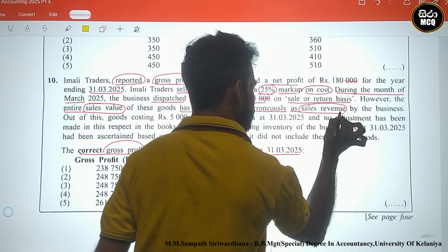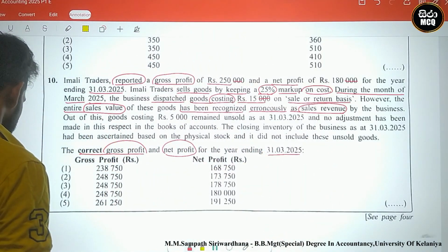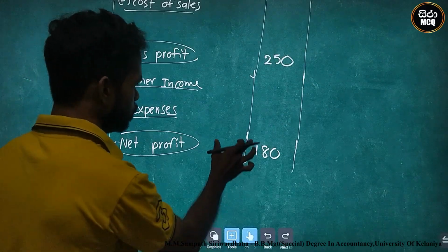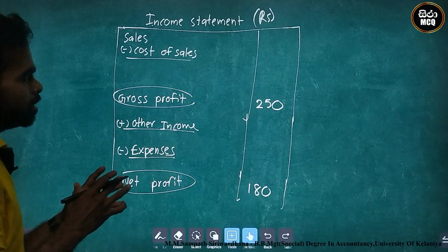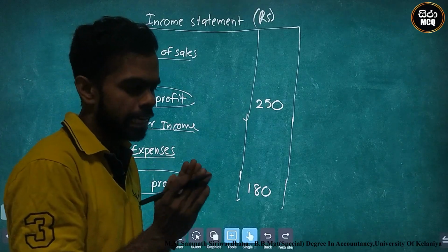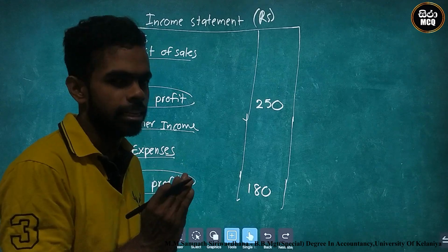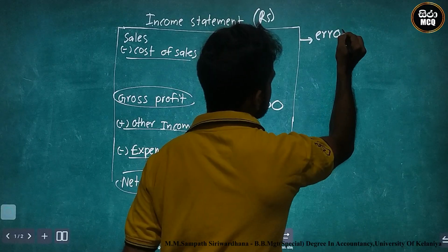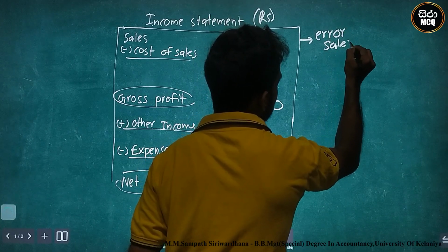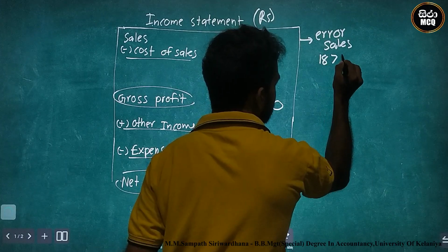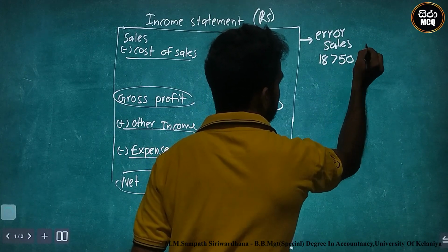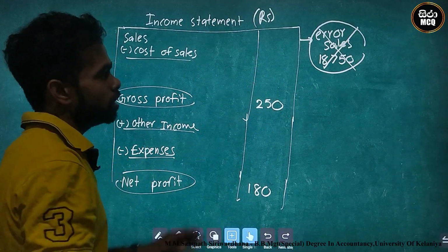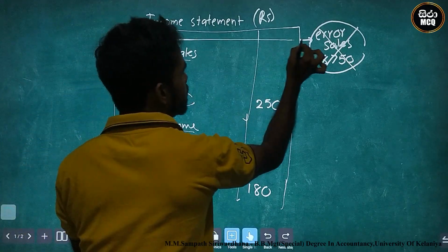They already calculated net profit and gross profit, and in that calculation they erroneously identified sales of this amount. This is the error in sales. What is the amount? 18,750 was identified as sales. This is the error value.